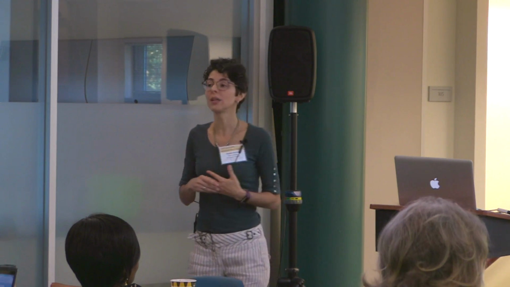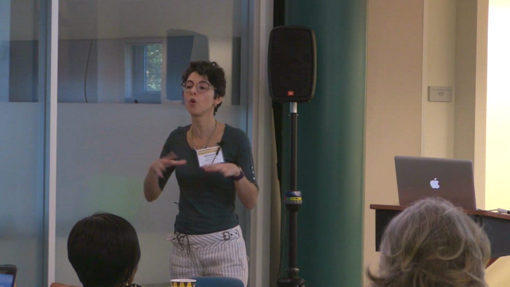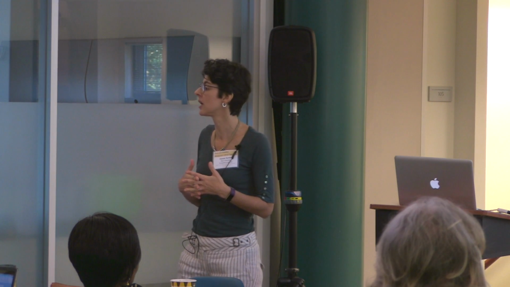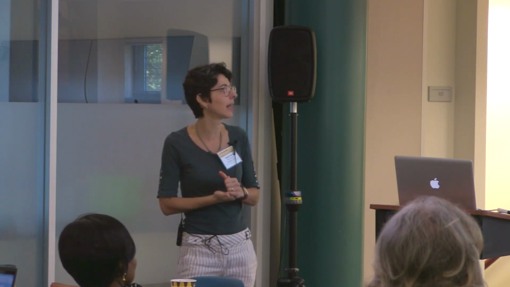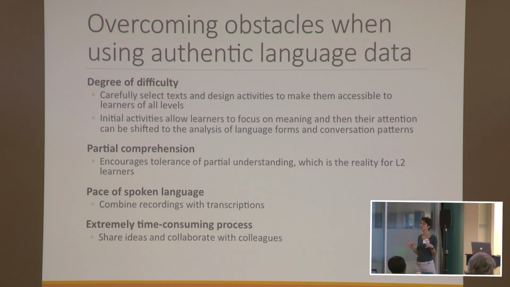So what I would like to share with you is what we try to do to avoid some of the problems or some of the difficulties, the obstacles that come with incorporating authentic material in our classrooms. The first obstacle is related to the degree of difficulty of the authentic material, right? So usually we think about authentic material for third-year students.